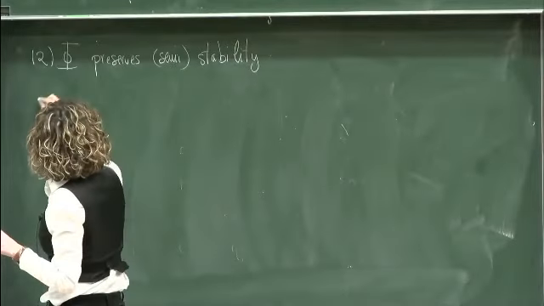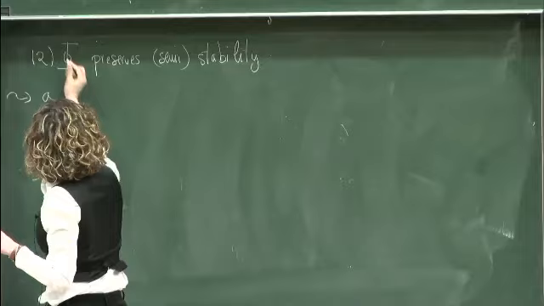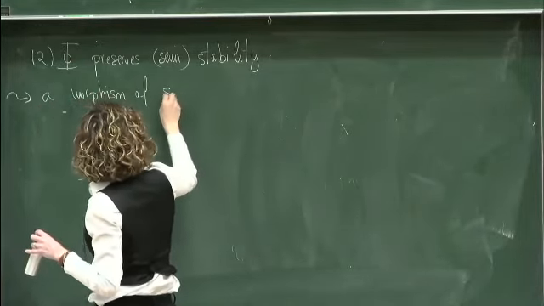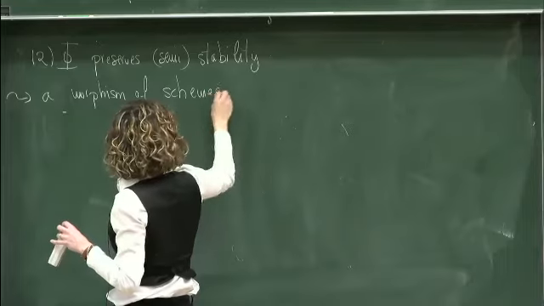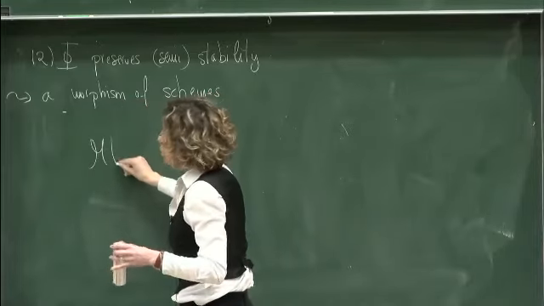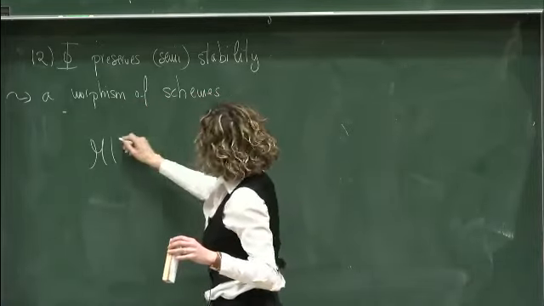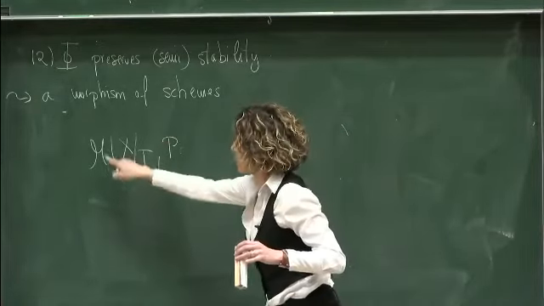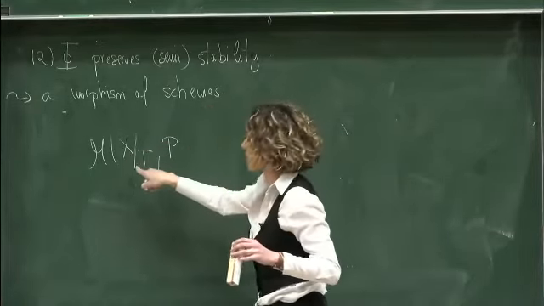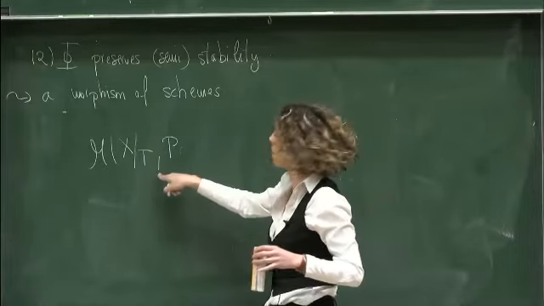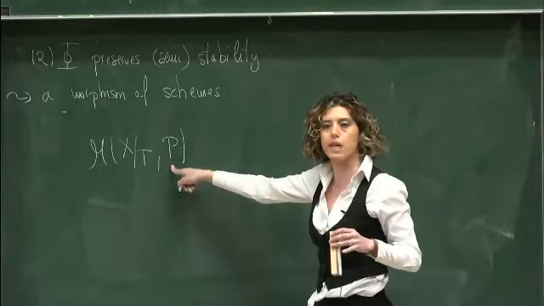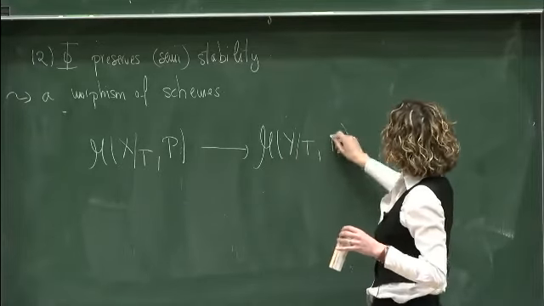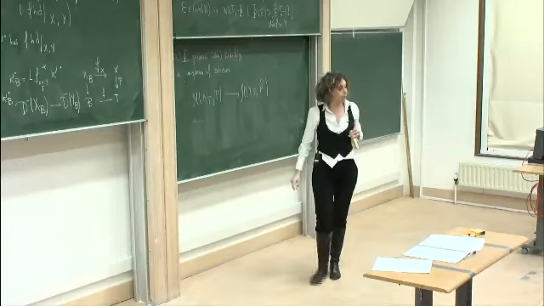Then you get from phi a morphism of schemes from the moduli space, relative or absolute, doesn't matter too much, depends on your scheme. This means semi-stable sheaves on X over T, relative Simpson moduli space, with some Hilbert polynomial P, to the moduli space in the scheme T over T with another Hilbert polynomial P hat.